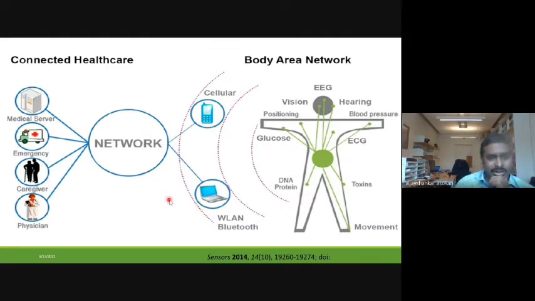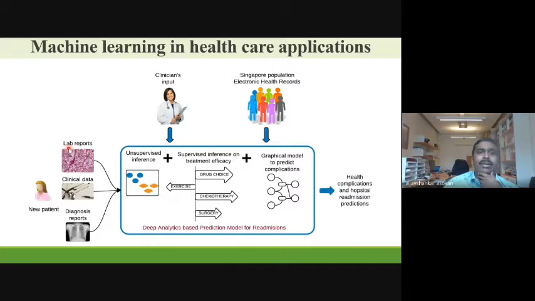Then this network is used to get more help through the medical server or through emergency services or a caregiver, or by sending a doctor. So this is one of the approaches in the modern world, combining microscopy and machine learning in healthcare applications into the next stage.